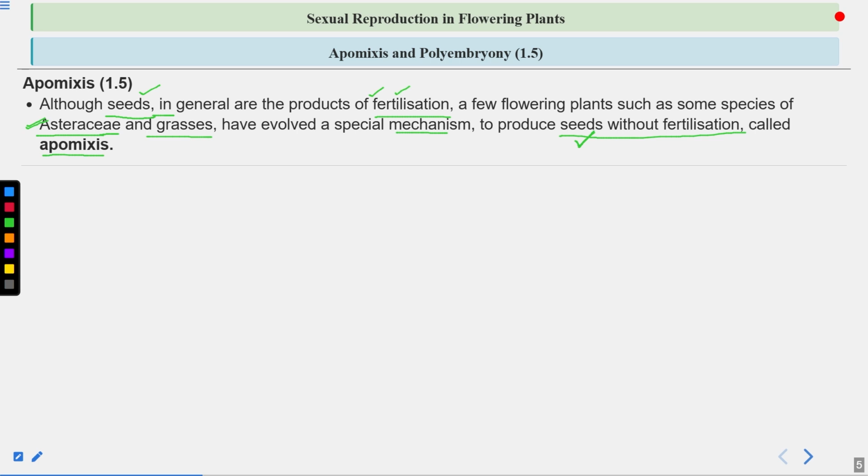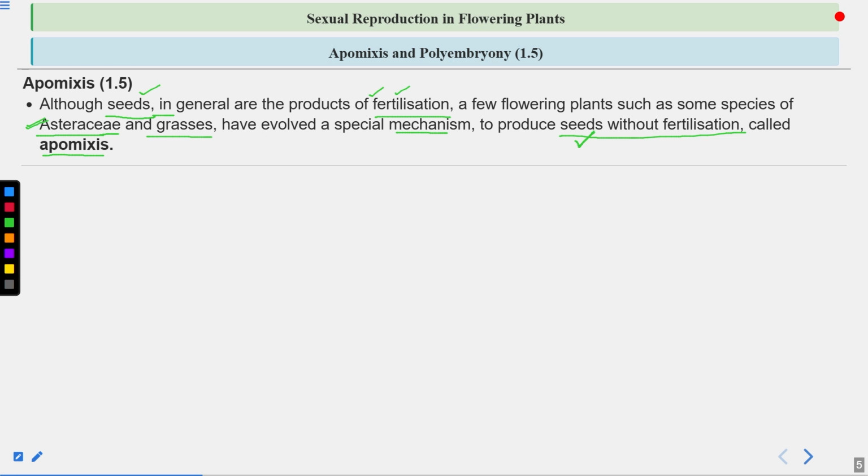In the process of fertilization, there is a mixing of genetic material. And that is why sexual reproduction always brings variation in the characteristics. And that is good for the new seeds. New characters get developed, right? But here in the case of apomixis, the seeds are formed but without fertilization. It means away from mixing.